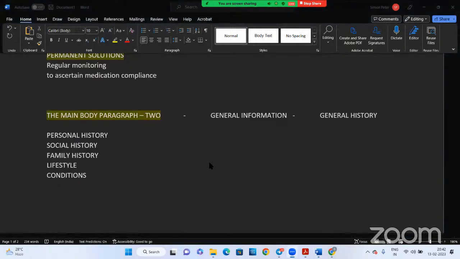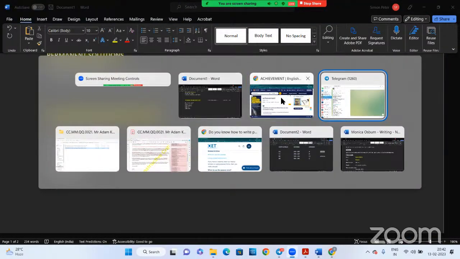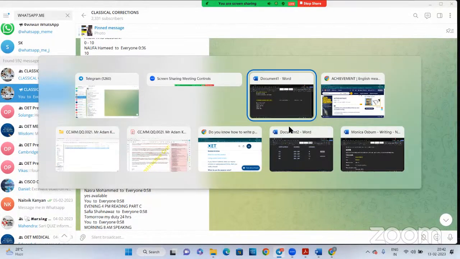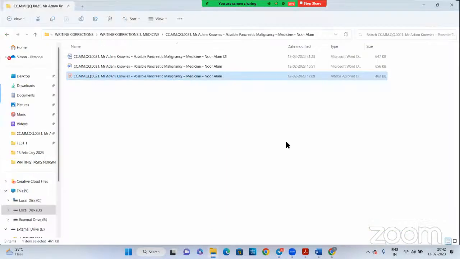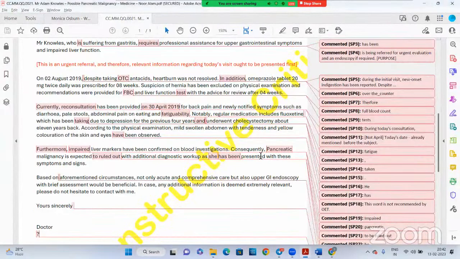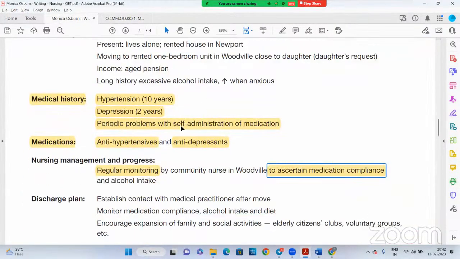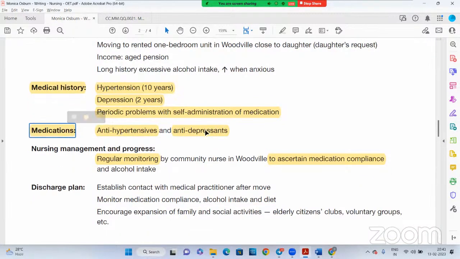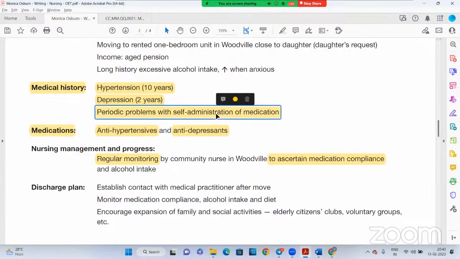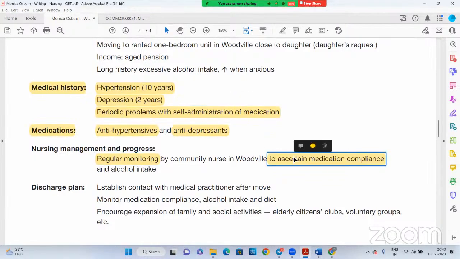Now, so here it is. Now, medical history, medications, non-compliance, problems, and these are solutions, permanent solutions.